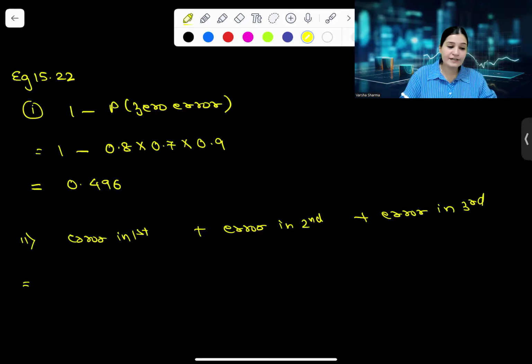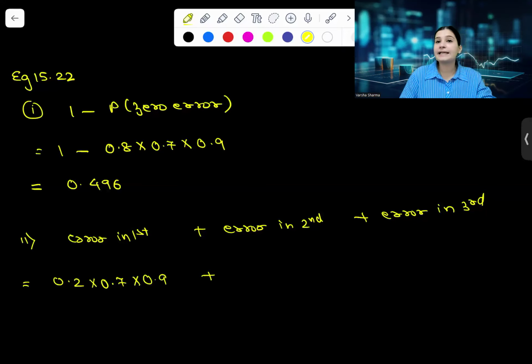If I want an error in the first, what is the probability of making an error in the first one? 0.2. Not making an error in the second one, 0.8, and not making an error in the third one, 0.9.